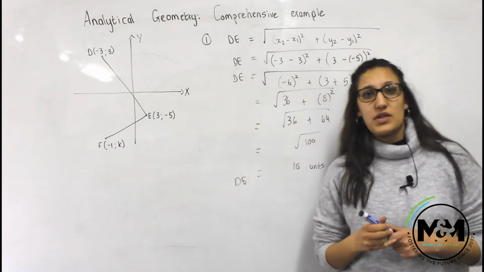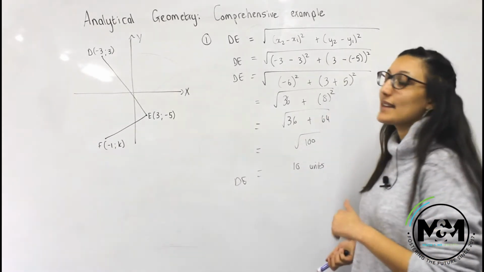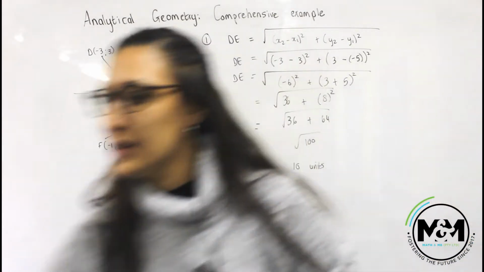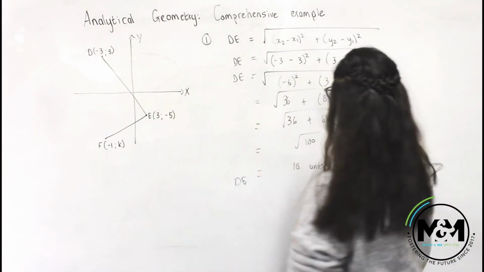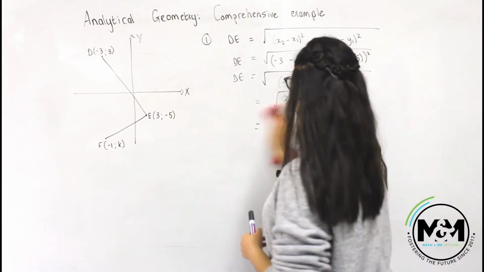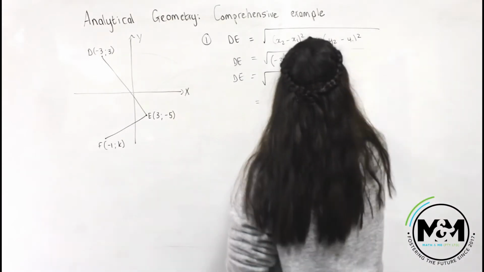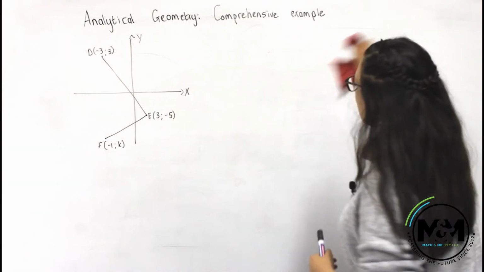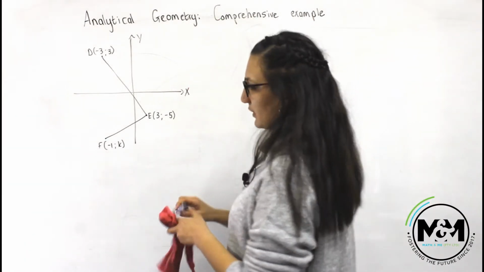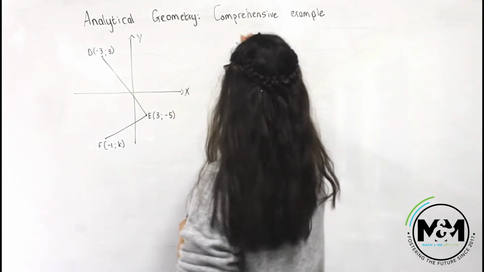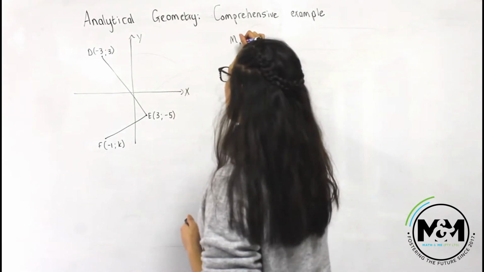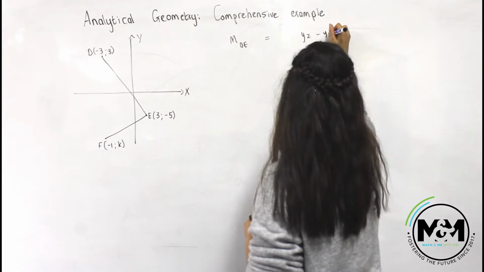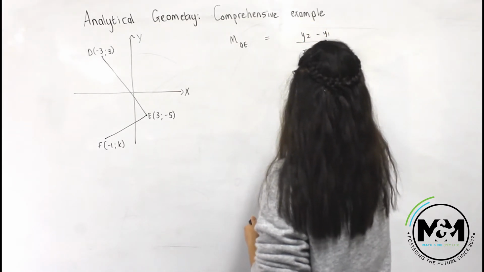The second question now asks you to determine the gradient of DE. So let me just erase the board. Okay, so think about the gradient formula. Our gradient m of DE is equal to y2 minus y1 over x2 minus x1.